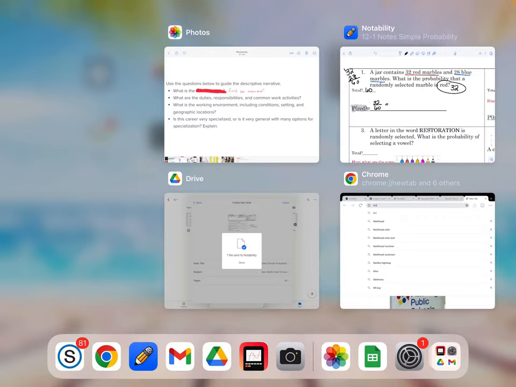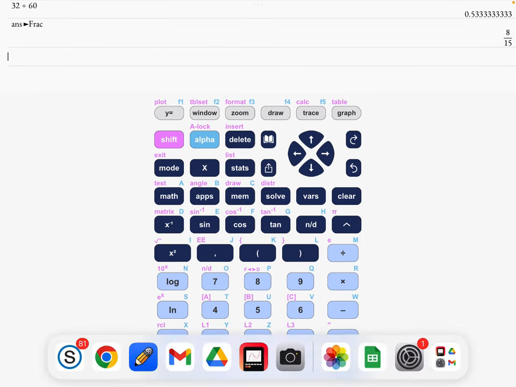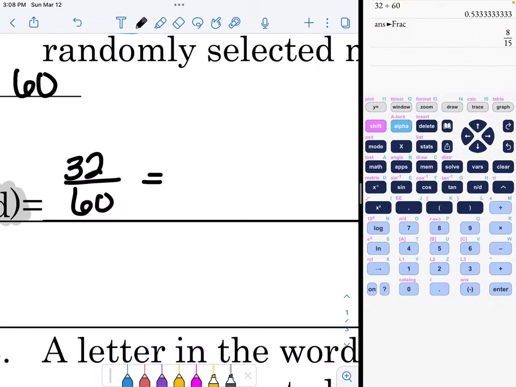Okay, so let's grab our calculator and turn it on. 32 over 60. If you wanted to change it to a percent, that would be 53.3%. But if we just want our calculator to help us reduce it, we've always known that math enter is a beautiful button. So that is going to be 8 over 15. There we go. So when I reduce that, that's 8 out of 15.